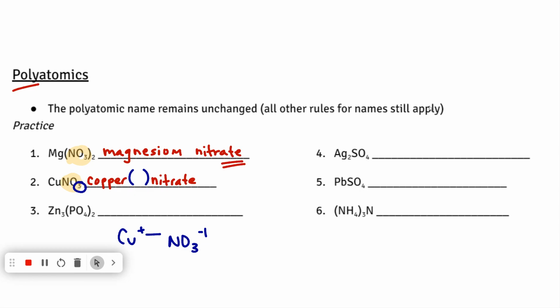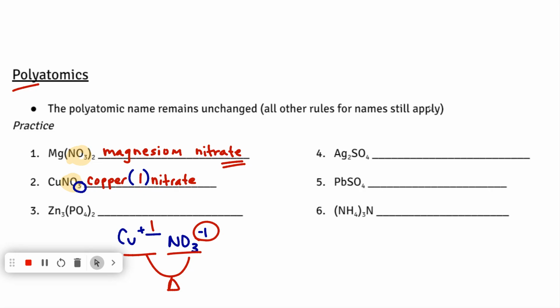So here, especially with polyatomics, I really like to use the fact that our ionic compounds add up to 0. The total charge in any ionic compound has to be 0. So if I know, and I'm kind of trying to draw a scale here, just to visualize the charges have to be equal and opposite, they have to be balanced. If I know nitrate is a -1, then this copper has to be a +1 for it to all add up to 0.